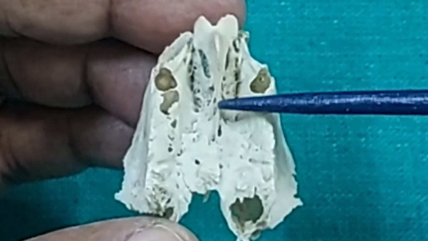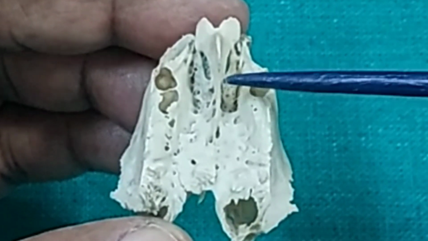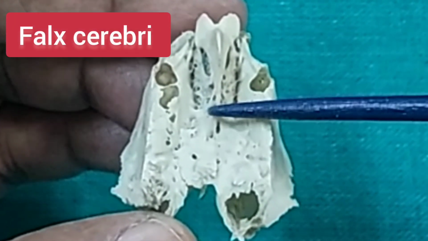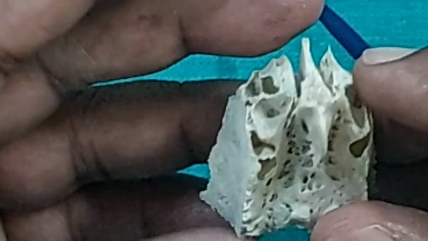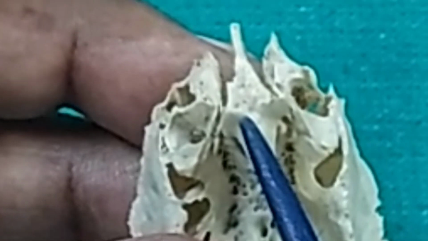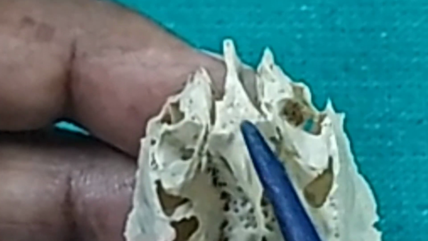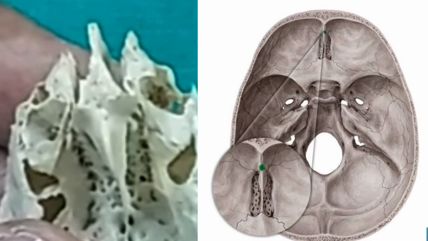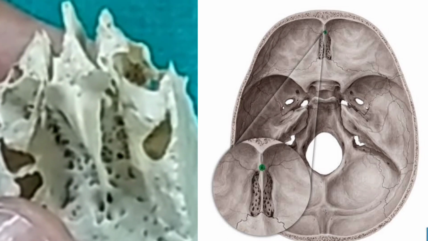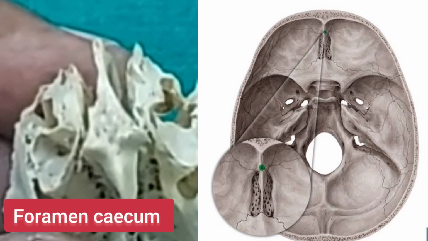There is attachment of the anterior end of the falx cerebri, which is a fold of dura mater. Anteriorly, the crista galli diverges into two wings called ala.